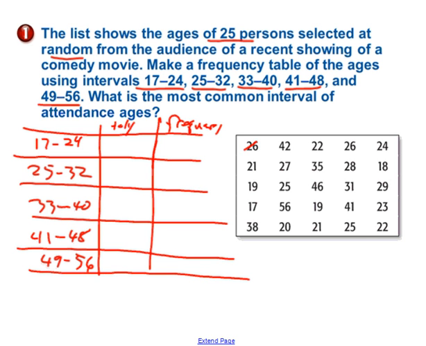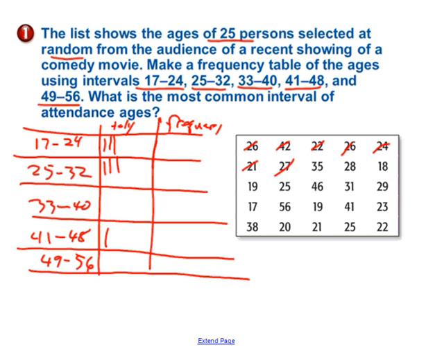I just start through here and I go to, well, 26. That would fall into this category. 42 would fall into that category. 22 falls into this category. 26 falls into this category. 24, again in that category. 21 into this category. 27 into that category.